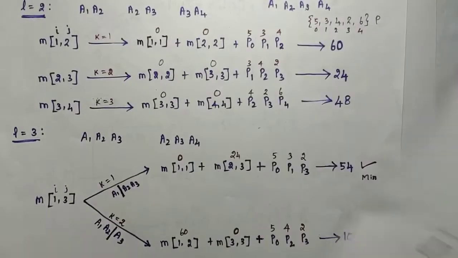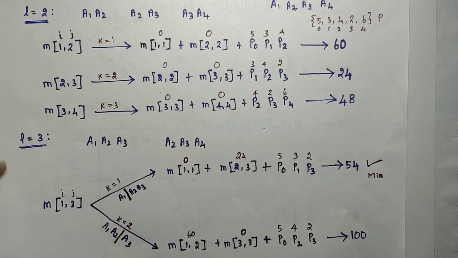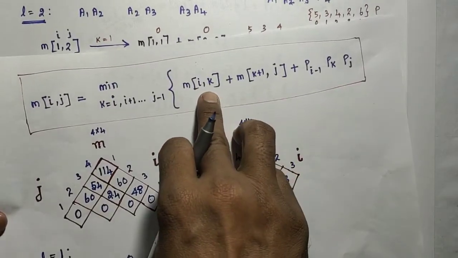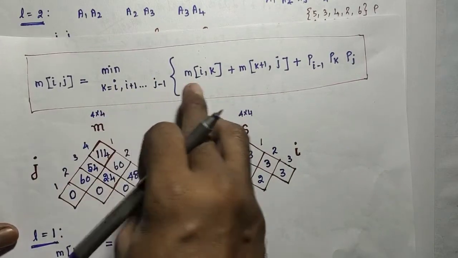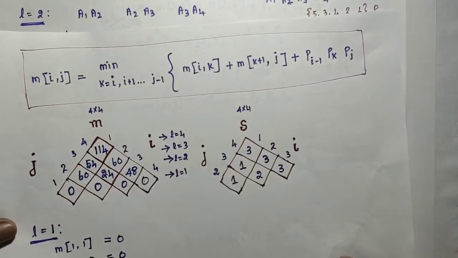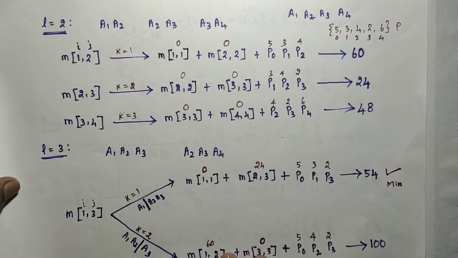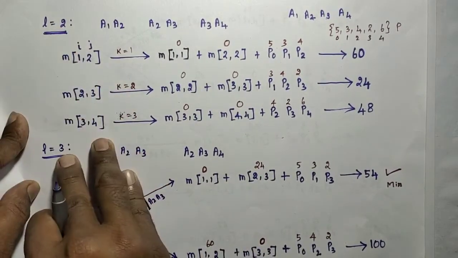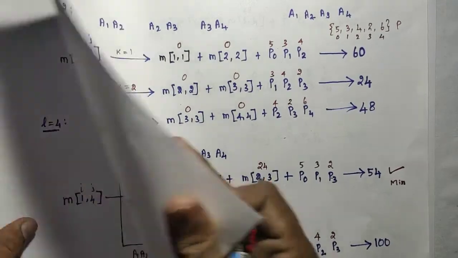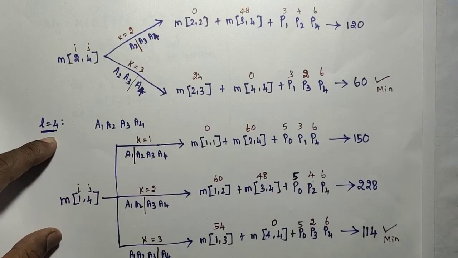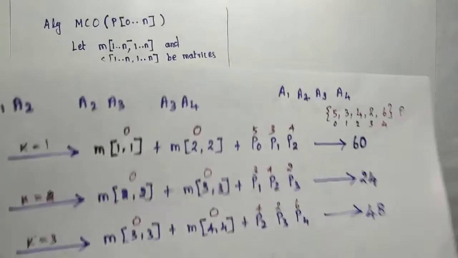Then we need to apply the formula, that is, k equal to i to j minus 1, and take the minimum value. This procedure needs to be applied for length equal to 2, length equal to 3, and then length equal to 4.